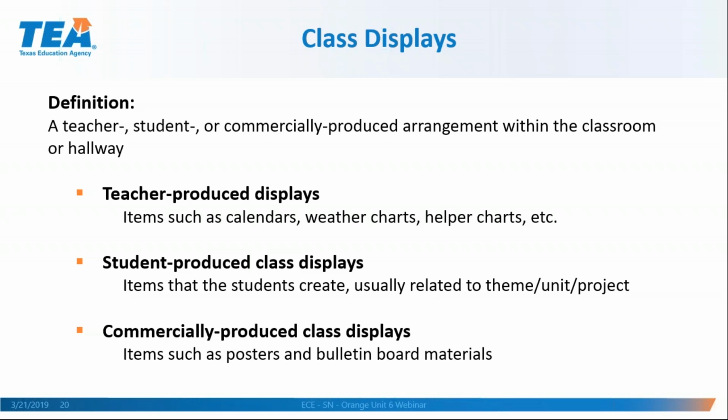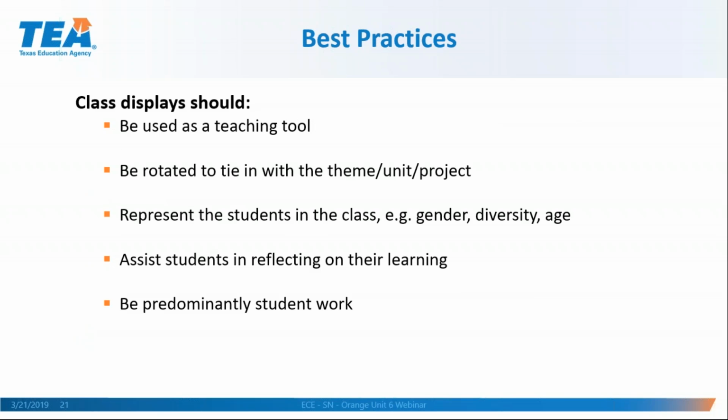So when you buy a bulletin board from wherever, or you buy some posters, those are commercially produced classroom displays. When we're talking now, I want you to think about these three different types, because that'll make a big difference in our discussion. So let's go into some general best practices.